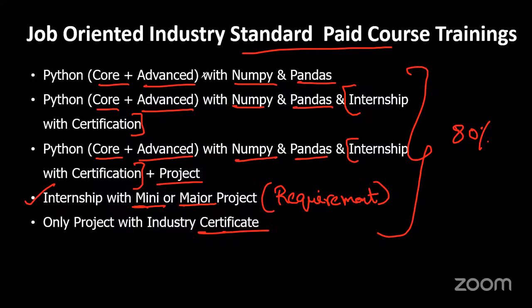Whatever might be the paid course, you'll get a certificate for each and every course. Let me take course number 2. Upon your completion of the trainings on core and advanced with NumPy and Pandas, you'll get 1 certificate, and upon your completion of internship, you'll get 1 more certificate.